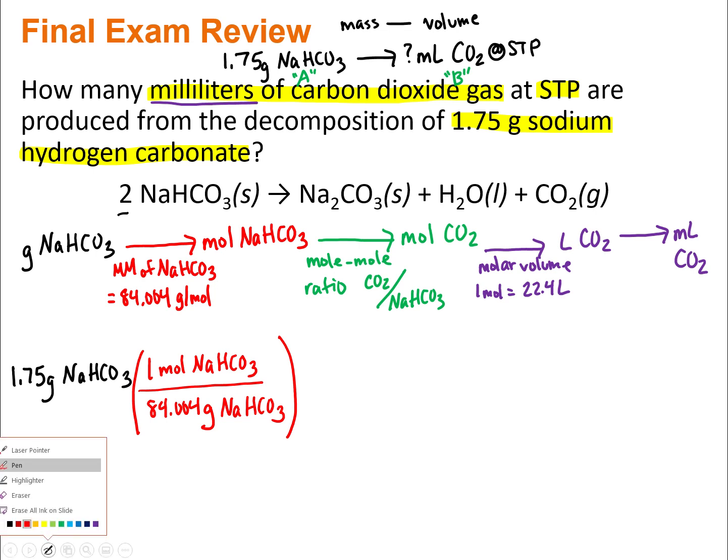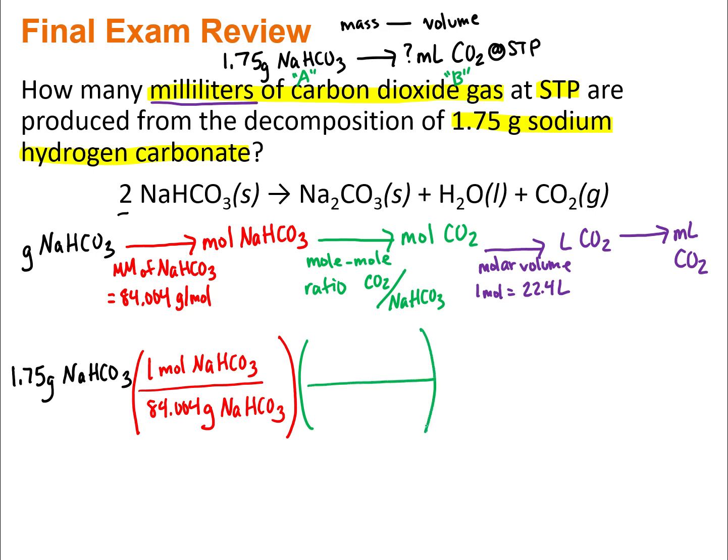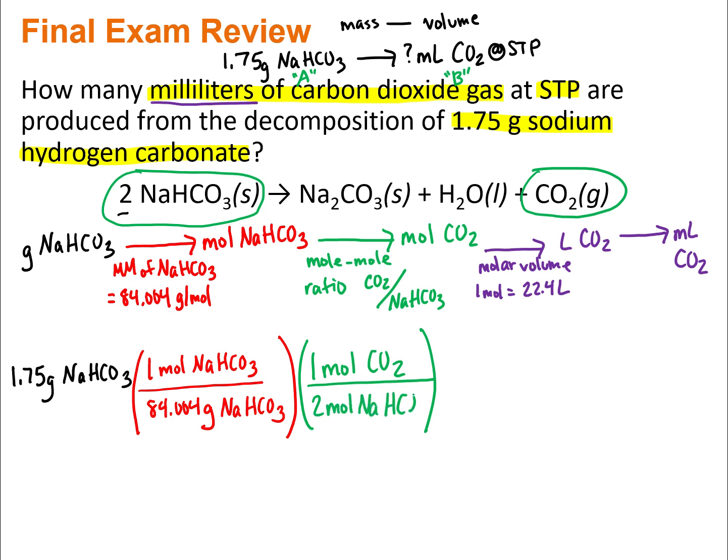That will get us to moles of sodium hydrogen carbonate. Now we need to put that mole-mole ratio together. Only 1 mole of carbon dioxide. We've got 2 moles of the sodium hydrogen carbonate.